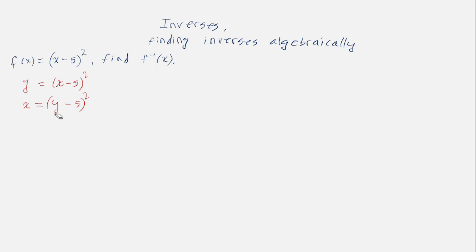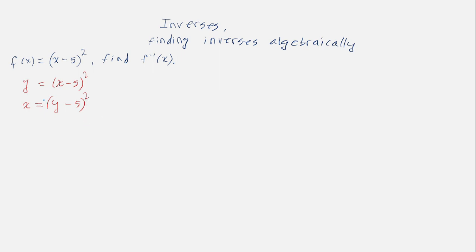So to solve for this y, we need to remove everything else around it and get the y by itself. So it should be pretty obvious that the first thing would be to actually remove that square there.